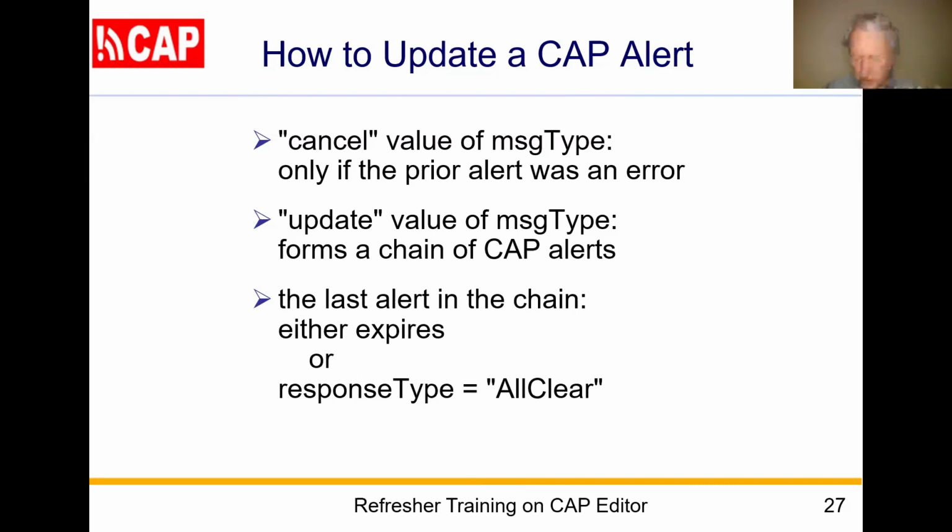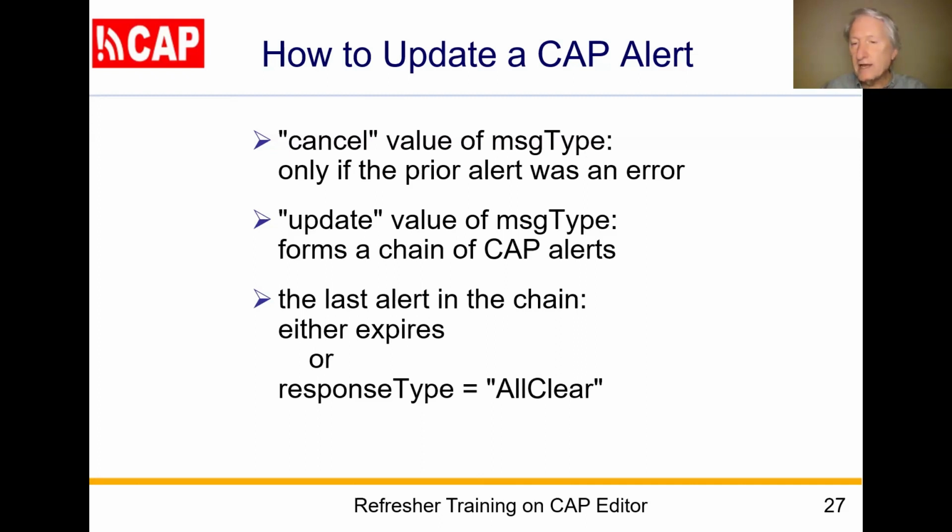And then when the emergency situation concludes, the last alert in the chain either expires on its own, and of course that chain could be just one alert, and it just has an expires date. But if you have updates to that, the last one in the chain would have update as its message type and the response type of all clear.